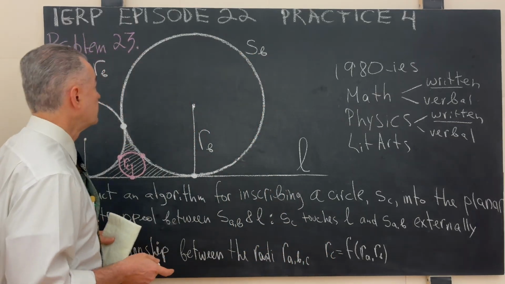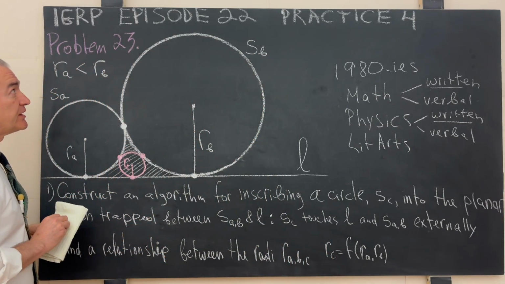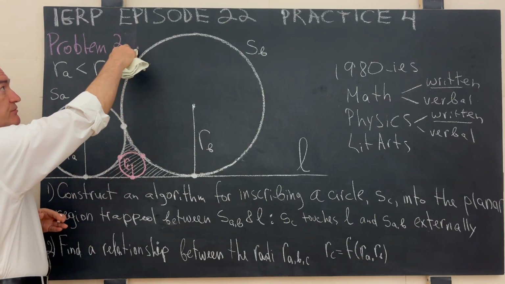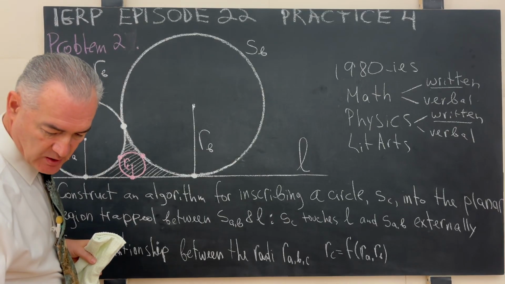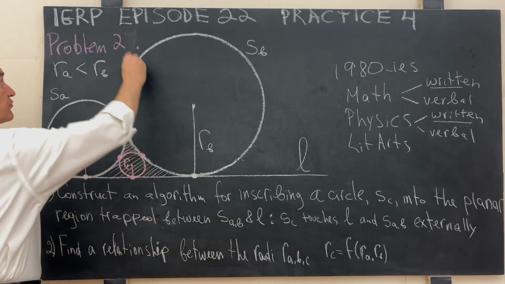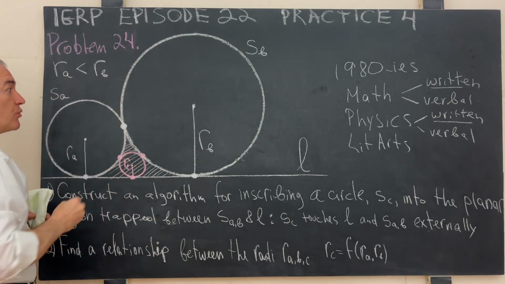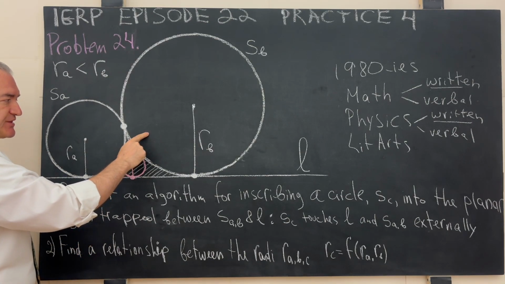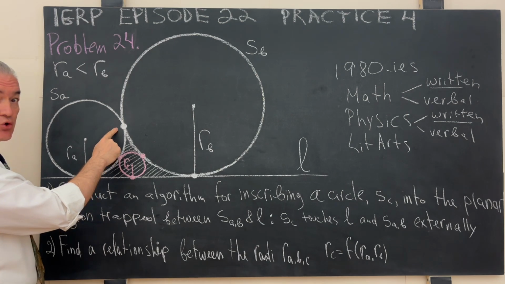And as such, in the problem number 24, this is not the problem 23. The problem 23 we solved in the previous episode. In the problem number 24, we are given two fixed coplanar circles that touch each other externally.